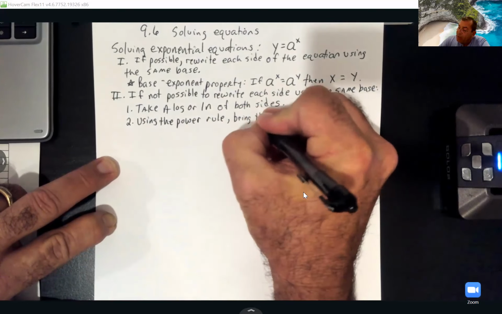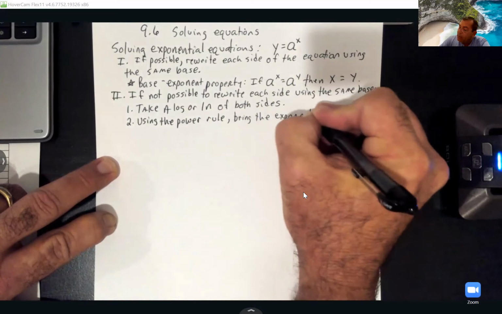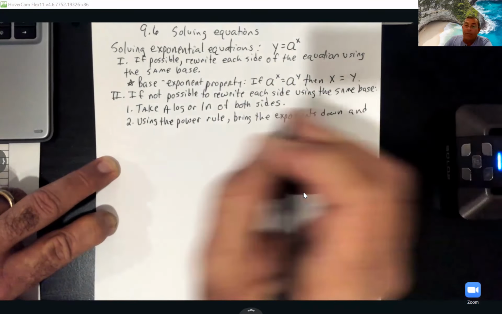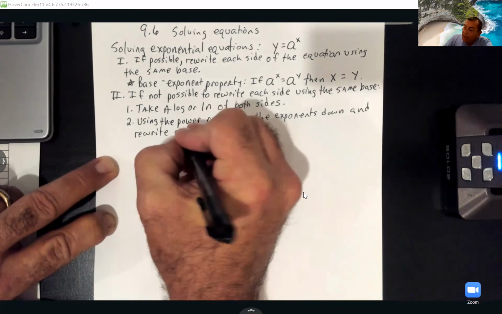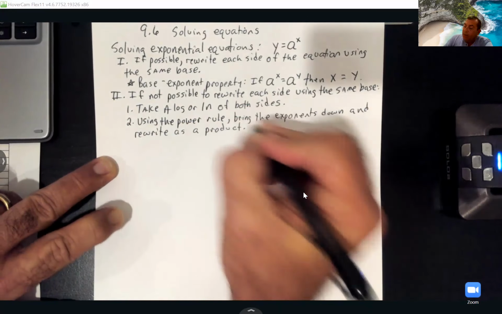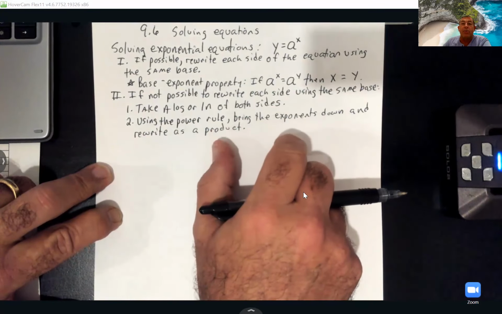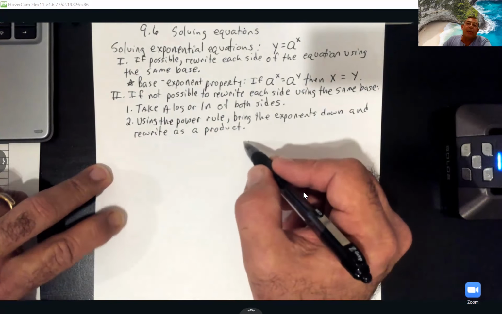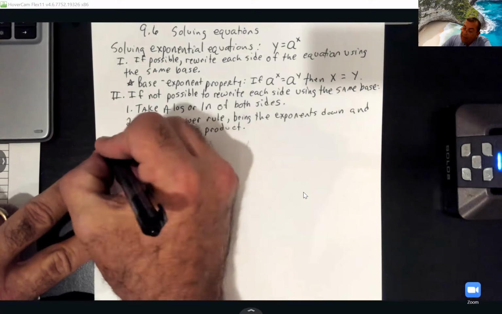So that's what we were doing last week when we were rewriting those logs. And if we had an exponent up there, remember, we brought that exponent down to the front.